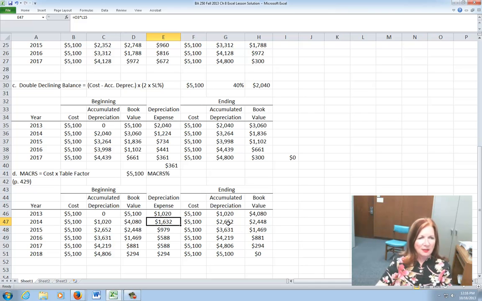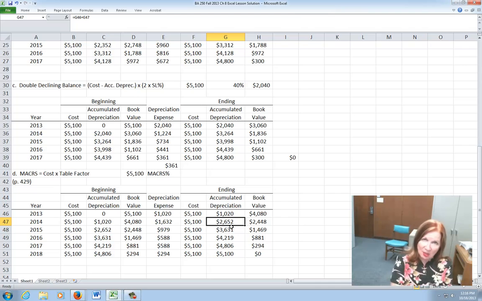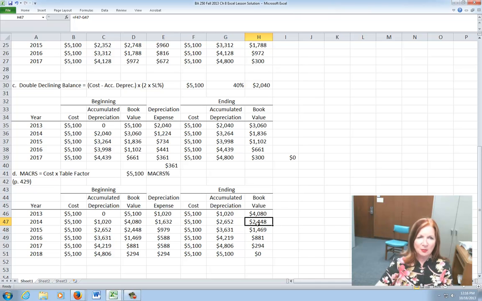And then cost again, the accumulated depreciation is last year's accumulated depreciation plus this year's depreciation expense to get a new accumulated depreciation, accumulated because they're adding together. And so then the book value is cost minus accumulated depreciation to get the book value.